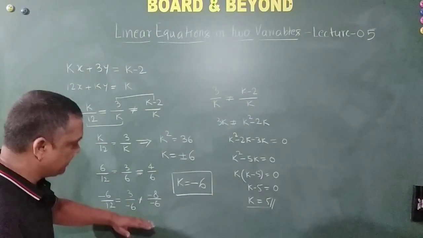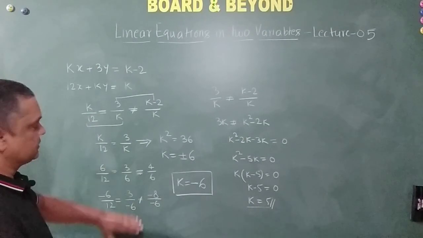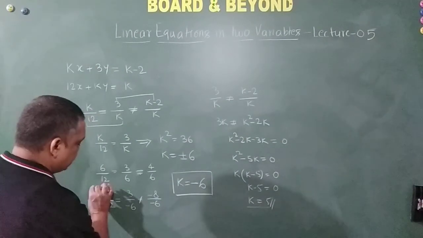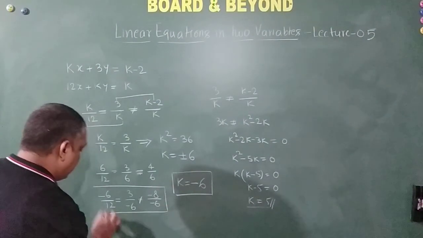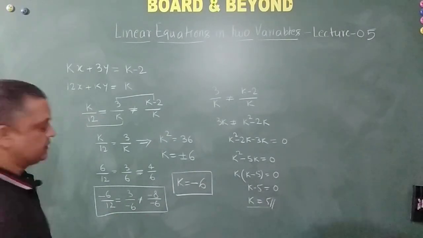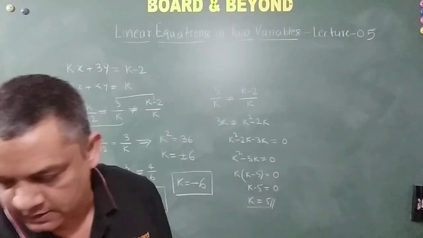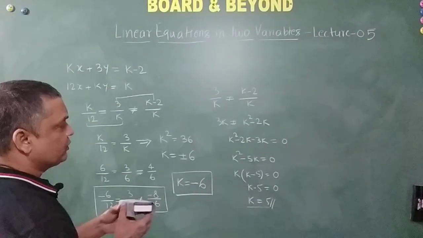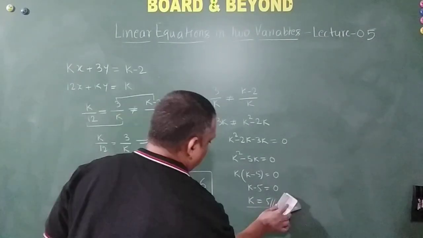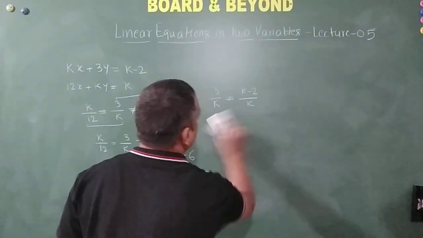But if k becomes minus 6, you will not find a solution, because this condition is appearing before us if k is equal to minus 6. Right, friends? So with this we move on to the next one. So this you can omit, it was not required.